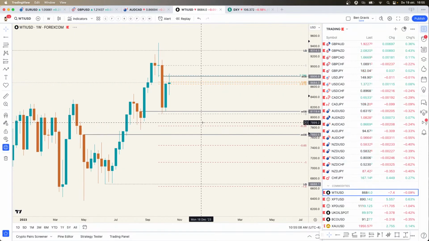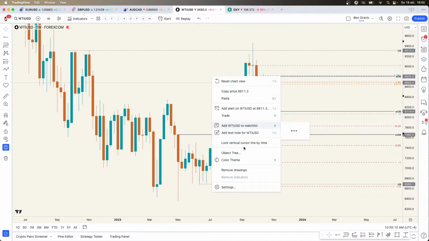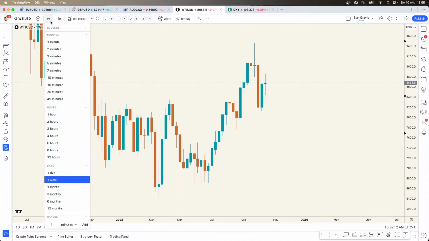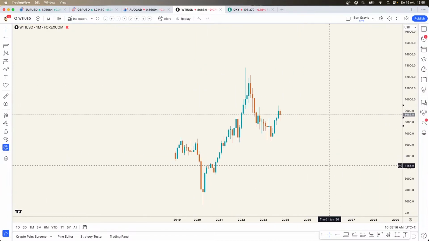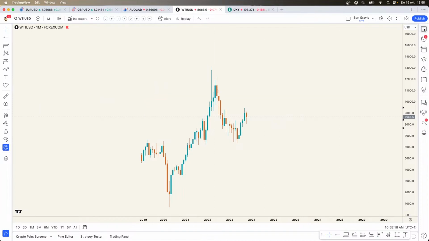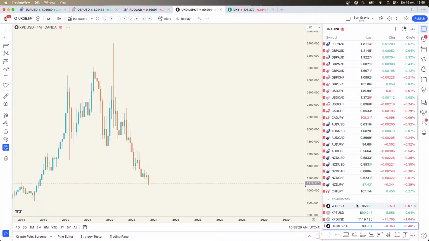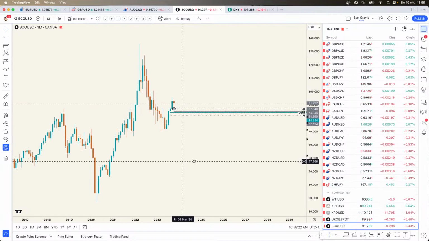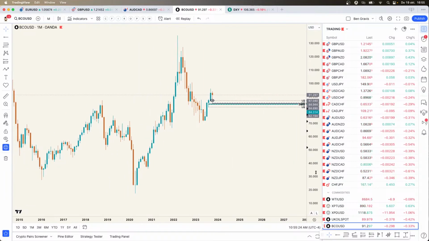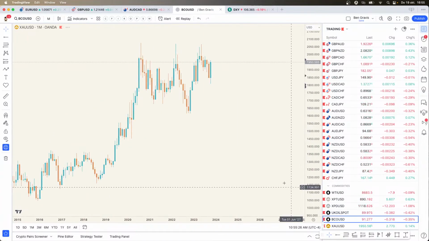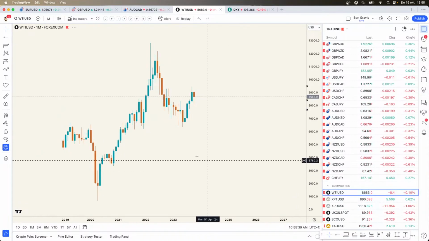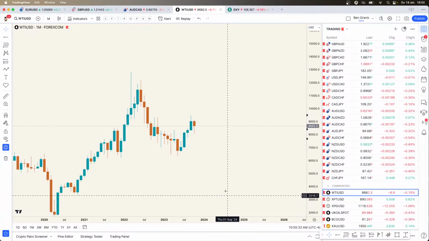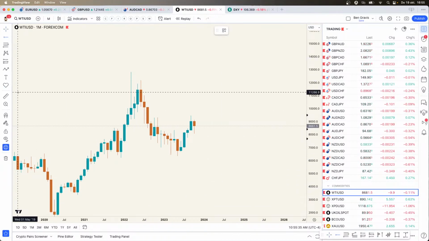I'd like to look at oil. So let's have a look if I have another chart of that one. What do we see?